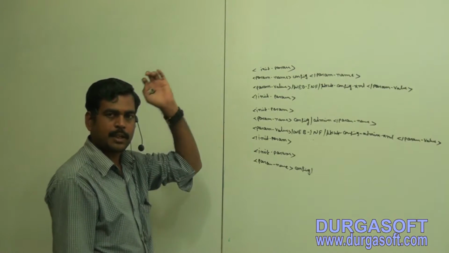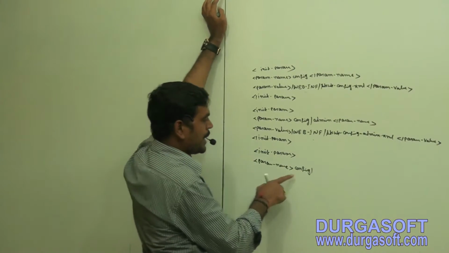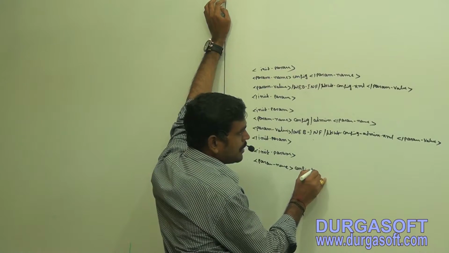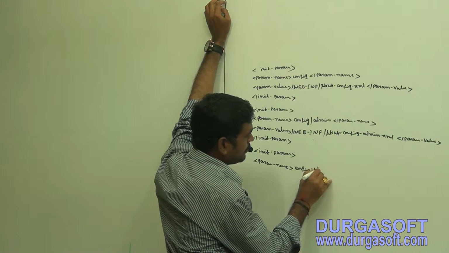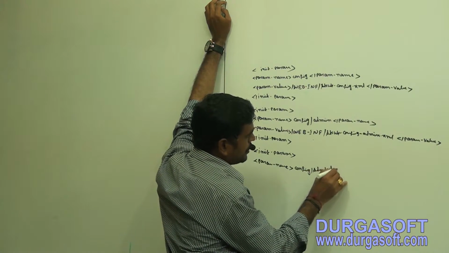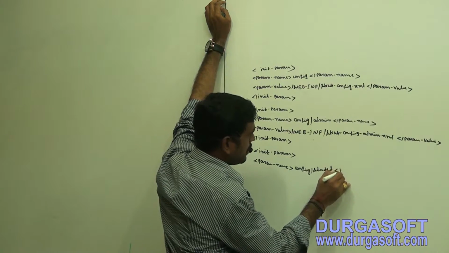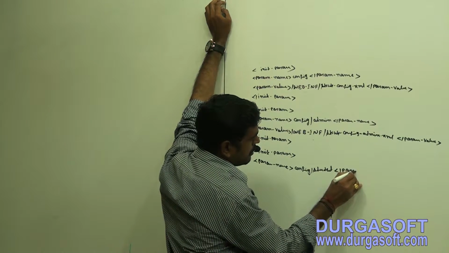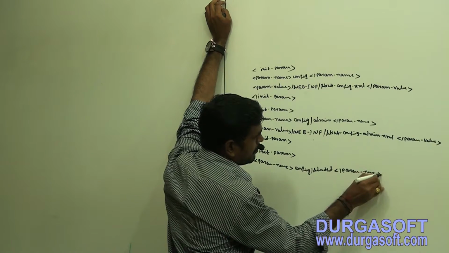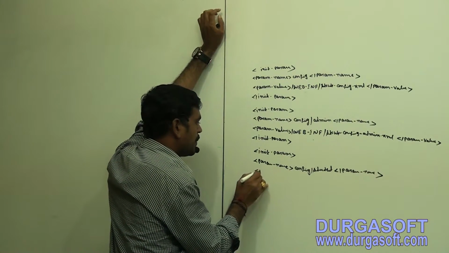Multiple modules are there, right? So now param name config, what is that? Student, right? Student. Close the param name. After that param value.